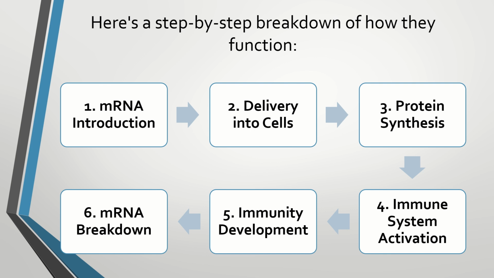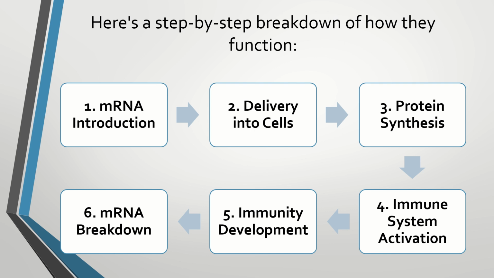Here we get to protein synthesis. For protein synthesis, the ribosome translates the code of the messenger RNA, forming the viral protein. It is viral protein because it is not messenger RNA from the cell, it is from outside. It is a foreign protein.